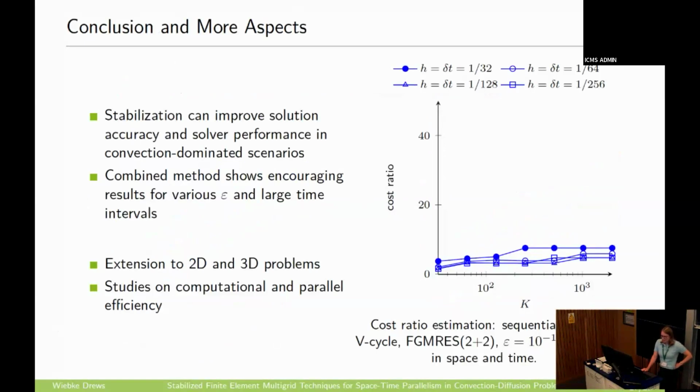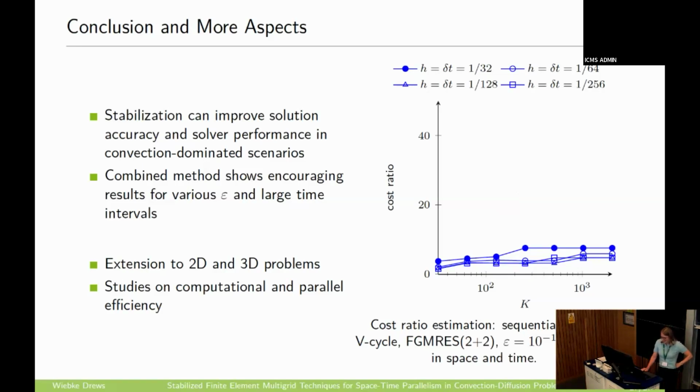Okay. So we saw stabilization can improve the solution, but also the solver. If you apply it to a case where the solution looks good, this can still improve the solver. And our combined methods work at least somehow.